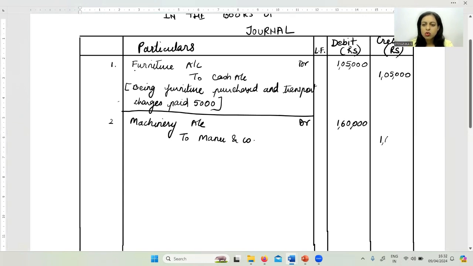So 1,60,000 Manu and company, I'm going to write here directly. And in brackets, you can write being machinery purchased and paid. How much you have paid? 10,000 rupees, 10,000 for installation.